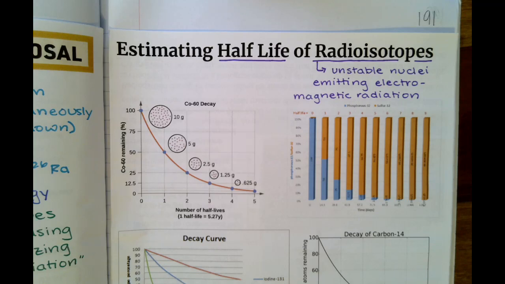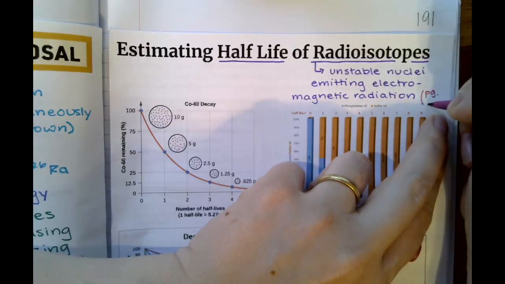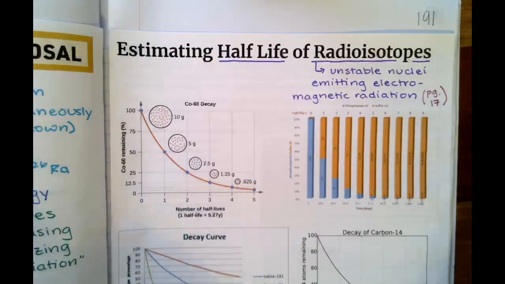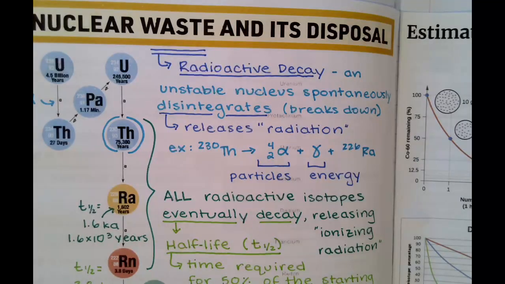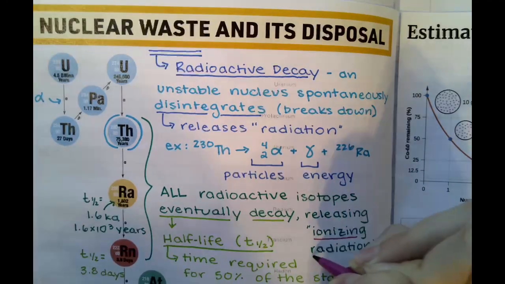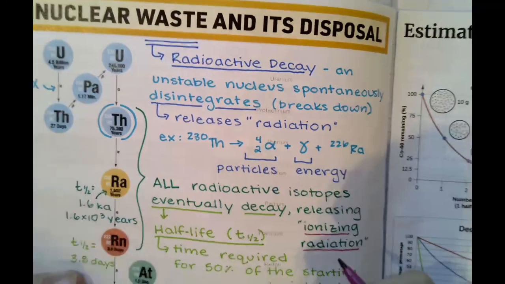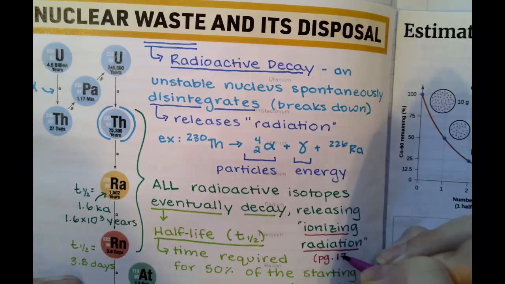So go and take a quick look at that, and I'm going to add it in right here. I'm also going to add it to our notebook over here, because when I said ionizing radiation earlier, that radiation we're talking about is once again electromagnetic radiation, so I'm going to add page 17 there as well.